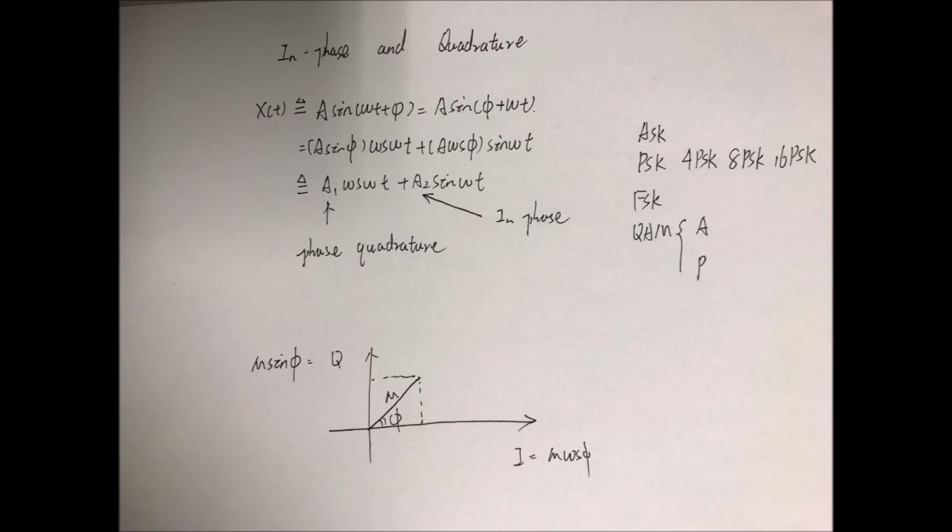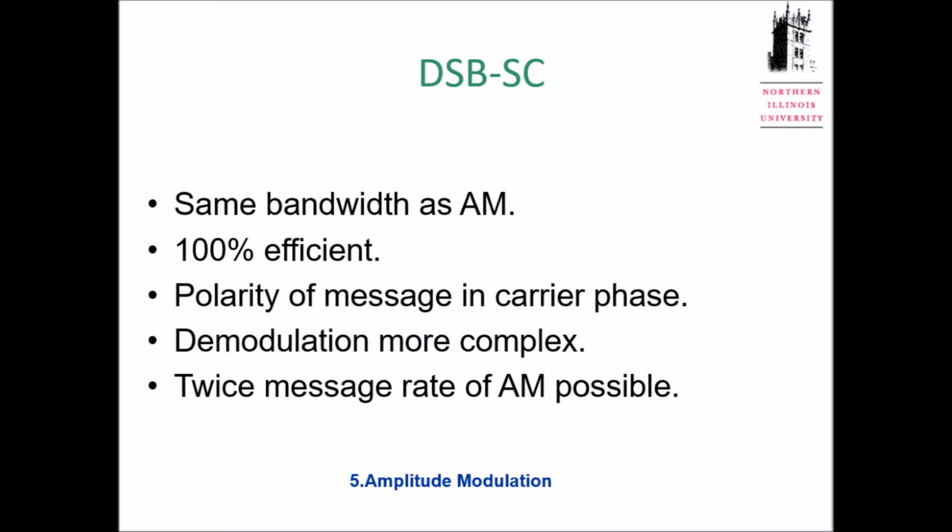Okay. So now we talk about double sideband. We finished talking about the double sideband suppressed carrier signal. Here is just a summary. This one has 100% efficiency. Bandwidth is still twice my original signal's bandwidth.